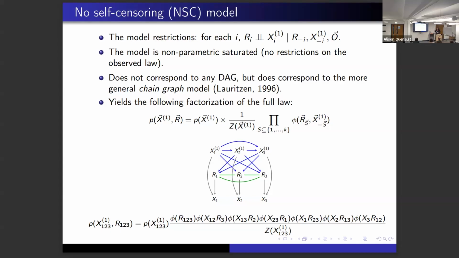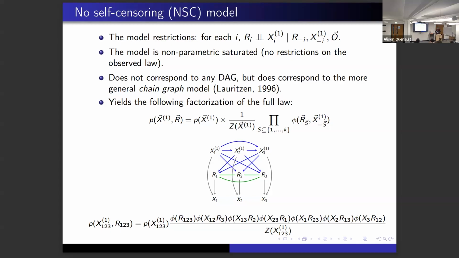So the usual stuff you would get in an MRF. And the cliques here correspond to cliques of the graph of the Rs that also involve the parents, and a clique has to have at least one R. That's the rule. We don't need to get into the generalities here, but this is what it turns out to be in this model. And for three variables, this is the factorization you end up with.